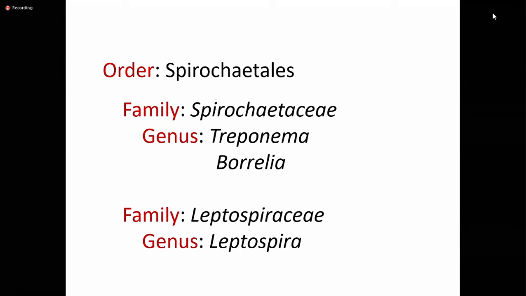Now, the organism never grows in vitro. You have to do serology. There are several serological tests we usually use to diagnose Treponema pallidum or syphilis. There are two types of tests, specific and non-specific. Specific means you use the original organism in the test. And in the non-specific test, you use an antigen similar to the microorganism itself.